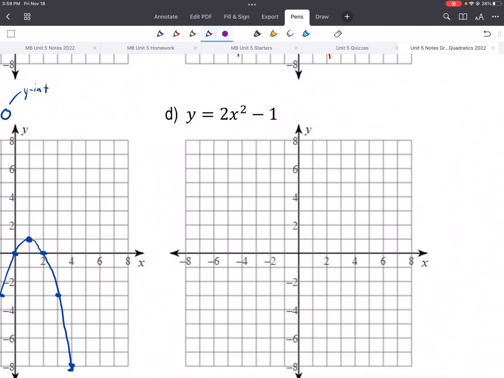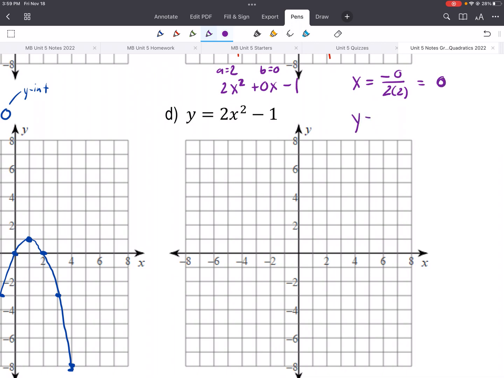Last one, what's missing here? So this time b is 0. This would be like 2x squared plus 0x minus 1. So again, a is 2, b is 0. So if we find our axis of symmetry, it would be -0 over 2 times 2, and that just gives you 0.